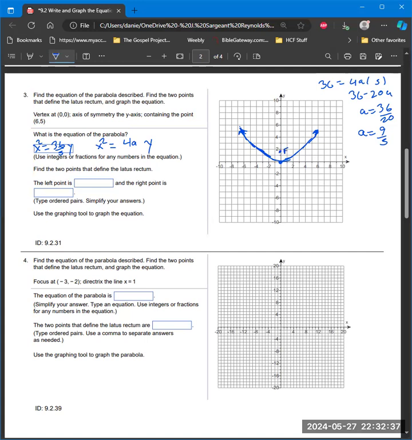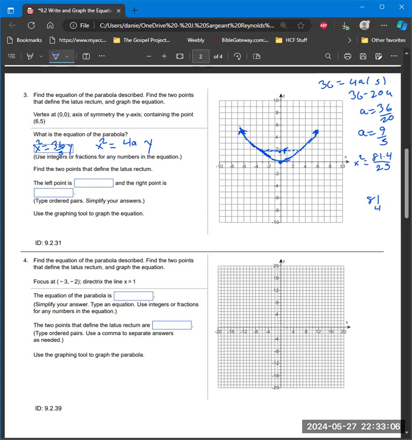It's my focus. So my latus rectum is going to come through the focus there, and it's going to be these 2 points that are going to be right there. We're going to have a y value of 9/5. So x squared is equal to 36 over 5 times 9 over 5, which is 81 times 4 over 25. That's fine, let's just leave that.